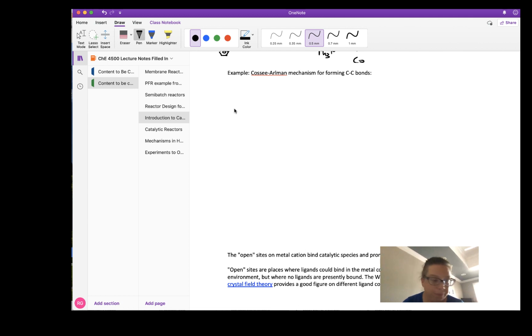So for example, if we have a ligated metal cation, we'll again take our divalent metal cation, and we'll say the ligands are supported on some structure. Often the metal forms a hydride structure.